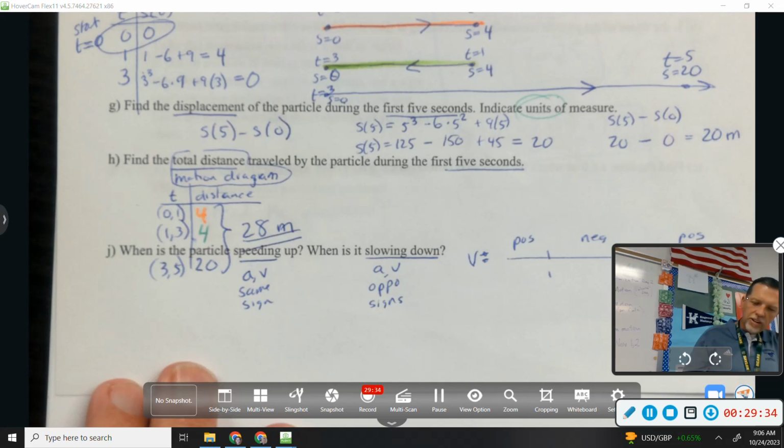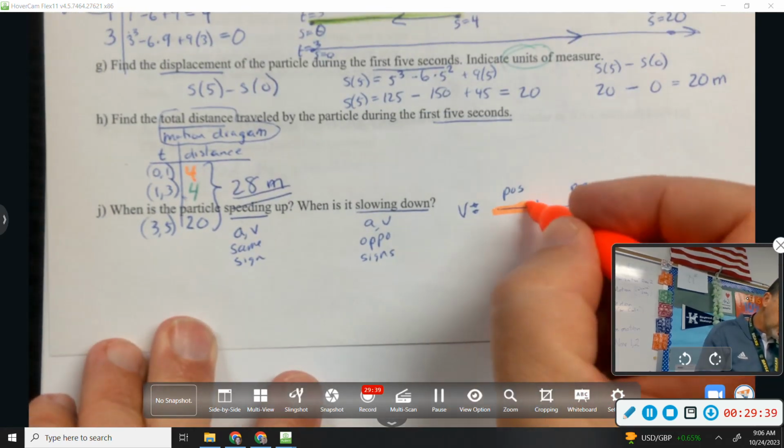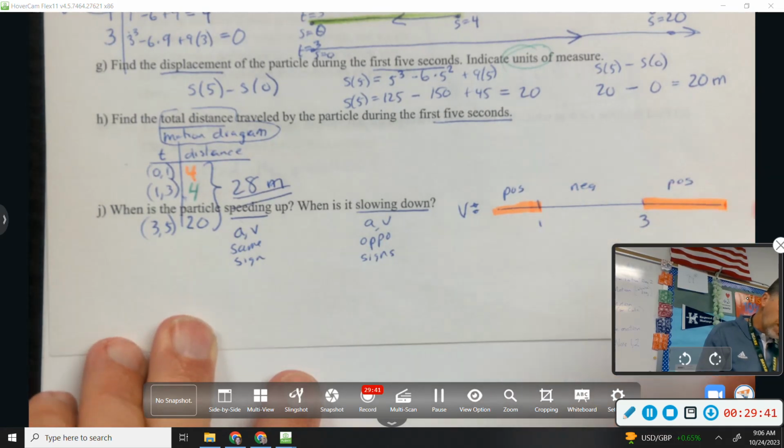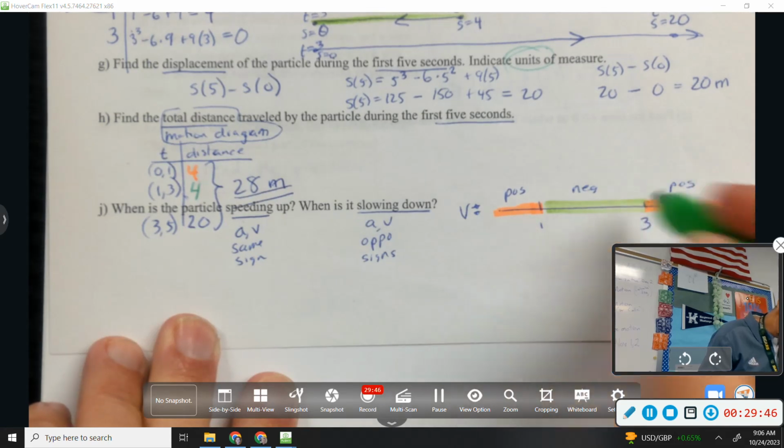It's already color-coded, so I'm going to stick with my color code here. Positive from 0 to 1 and 3 on, and it was negative from 1 to 3.